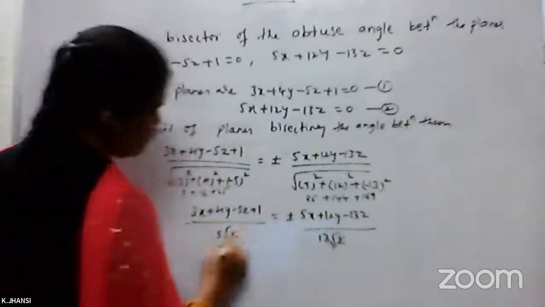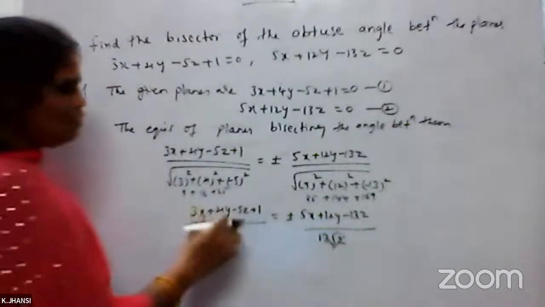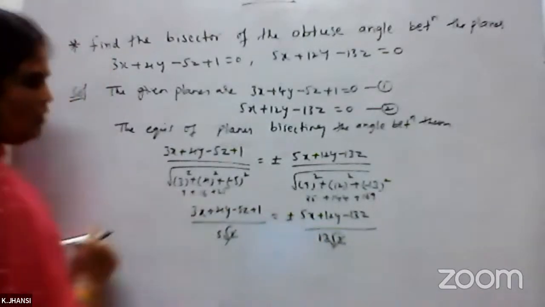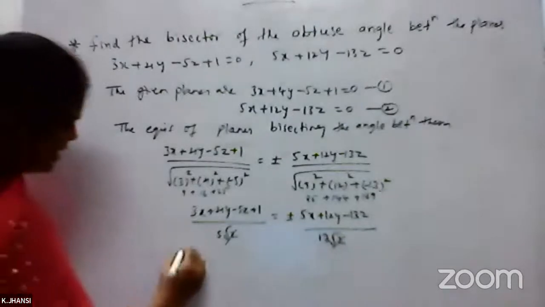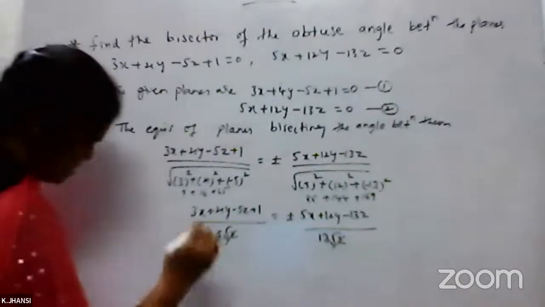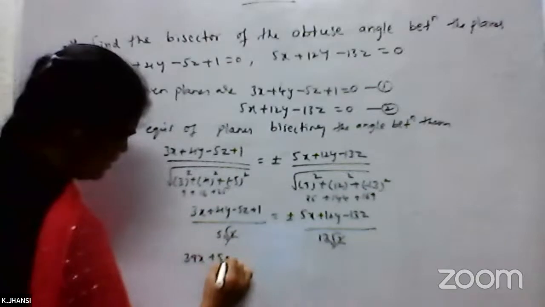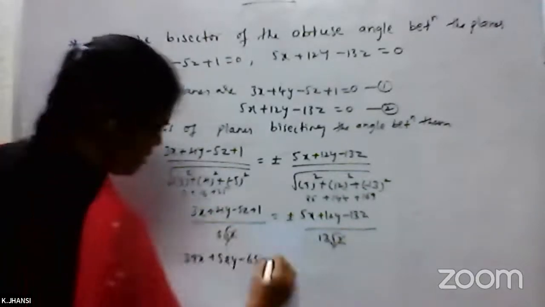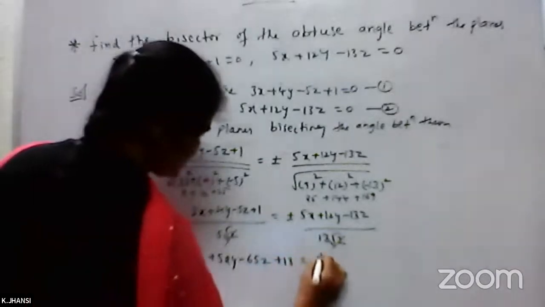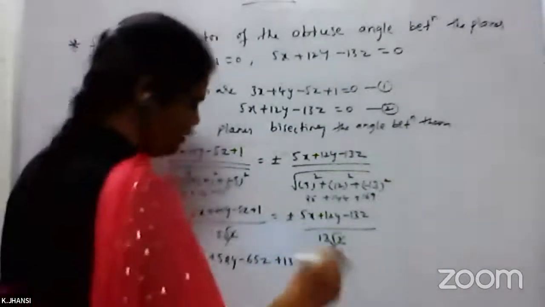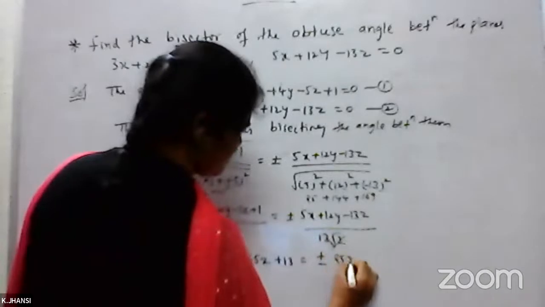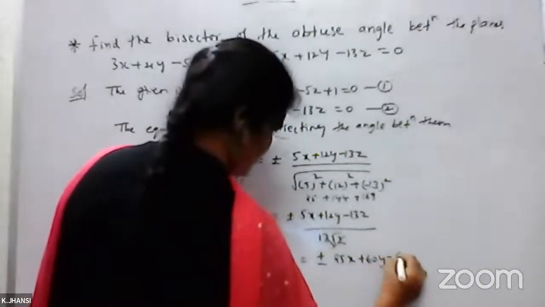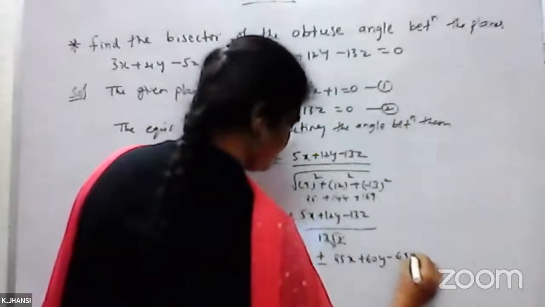So you cancel out the root 2 on both sides. Now you do the cross multiplication, 5 with this one and 13 with this one. Okay, so you will get 39x plus 52y minus 65z plus 13 equals plus or minus 25x plus 60y minus 65z.